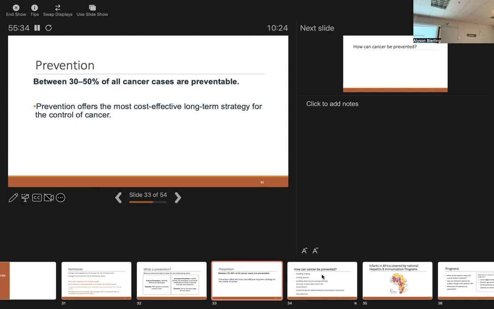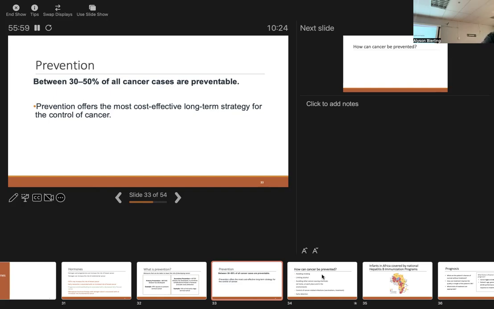We're going to talk a lot about chemotherapy and other measures to treat cancer, but what's really important to focus on is preventing the cancer from happening before, so that patients don't need chemotherapy, they don't need radiation.